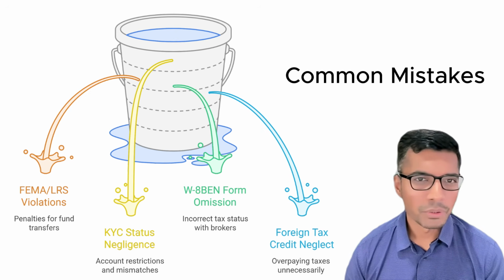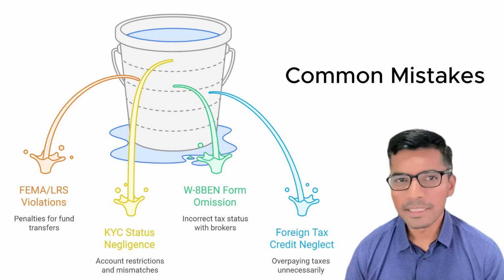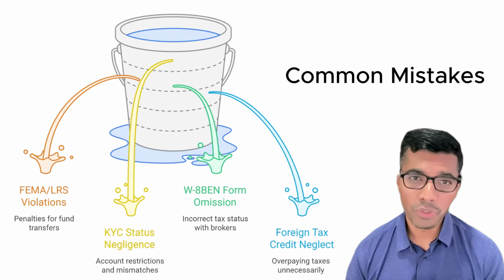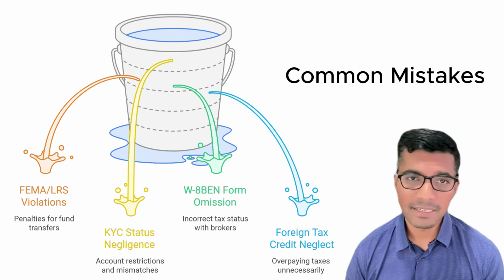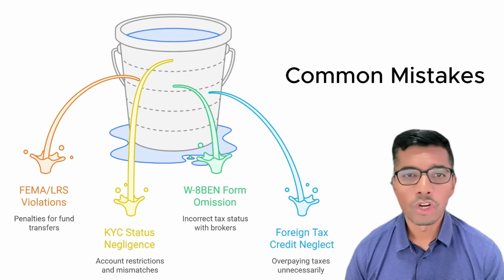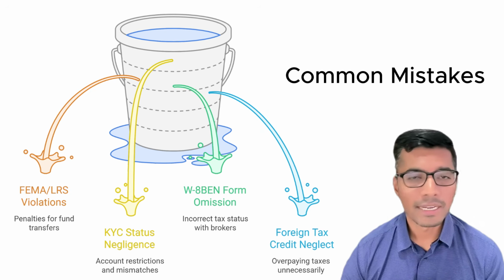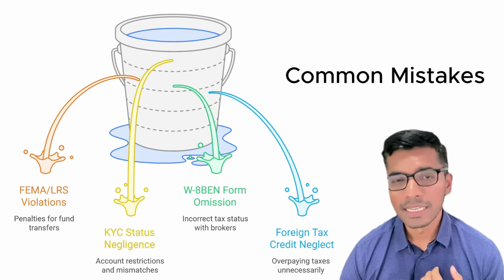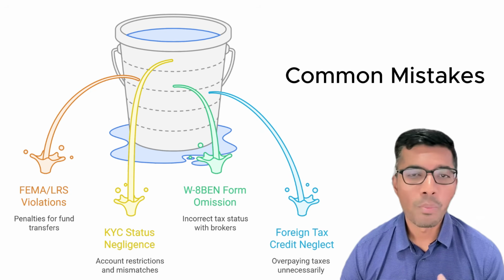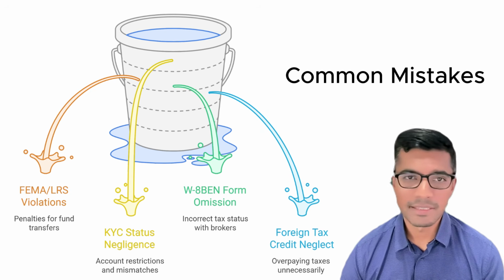Third, failing to update or file essential forms like the W-8BEN form with your US broker when tax residency status has changed. And finally, not claiming your foreign tax credits on the Indian income tax return, which could potentially lead to paying more tax than necessary.